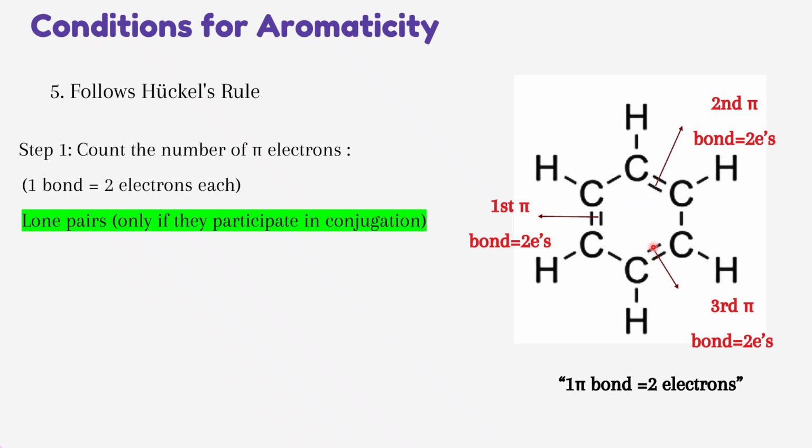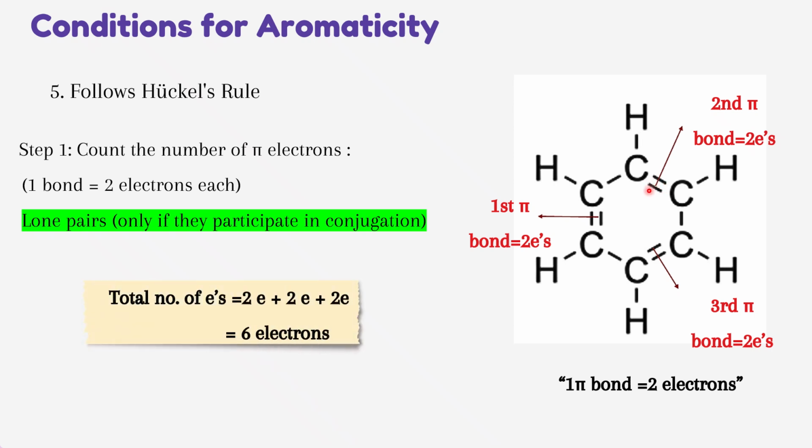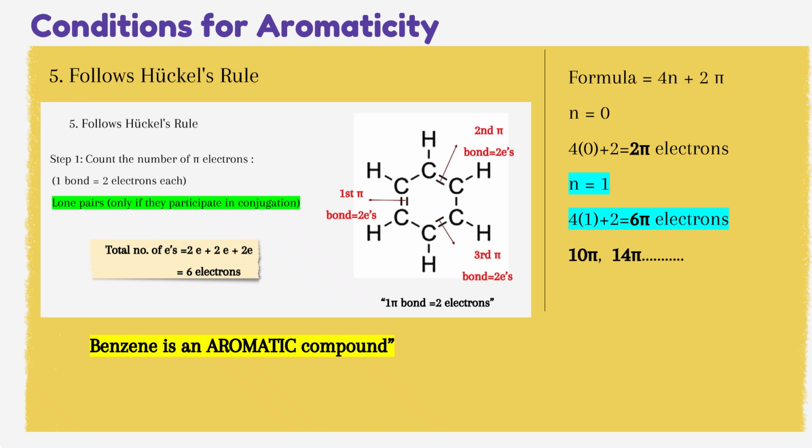So I have three pi bonds, and each bond is made up of two electrons. So I have a total of 6 pi electrons present in my structure.